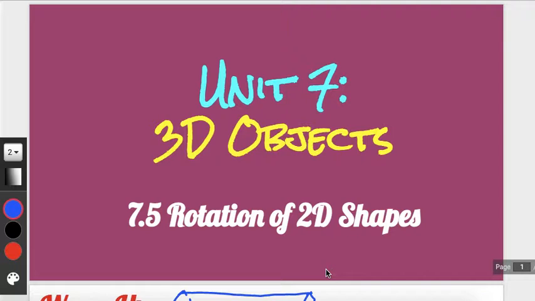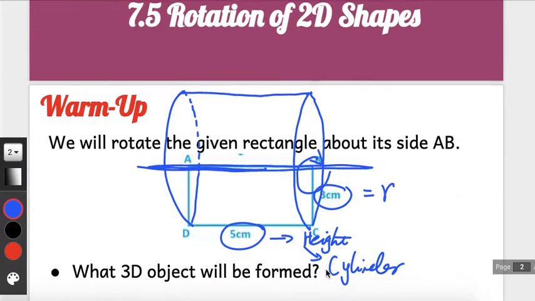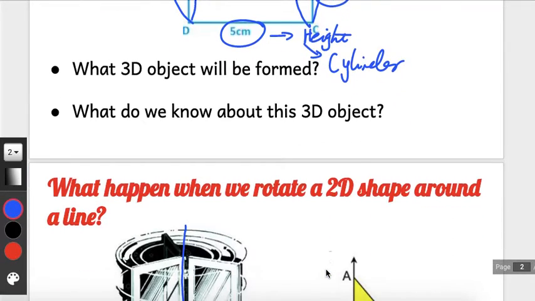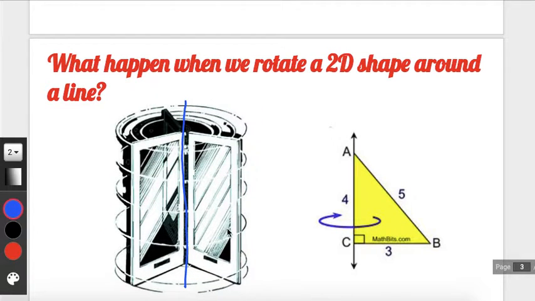In this video, we are going to continue our conversation about something we mentioned in the previous video, rotation of 2D shapes. In the previous video, we figured out that when we rotate a rectangle or triangle, it actually can be any kind of 2D shape around some line, and we will have different kinds of objects.